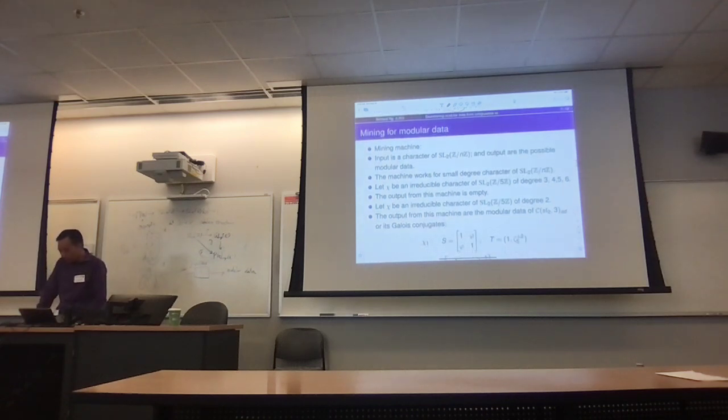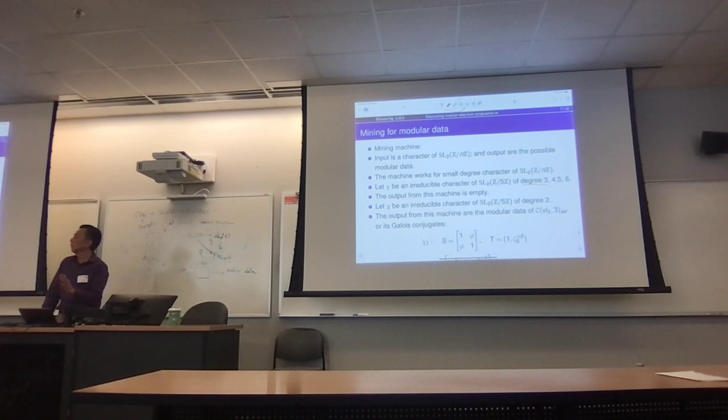Now let's look at some simple examples. If I take an irreducible character of degree 3 or 4, I think these representations of SL2Z mod 5 are well known. So I take the irreducible characters of degree 3, degree 4, degree 5, degree 6. You put them in the machine, you will get nothing.